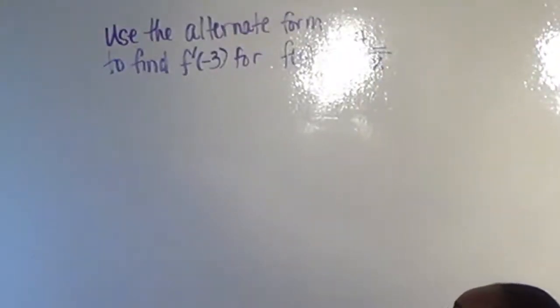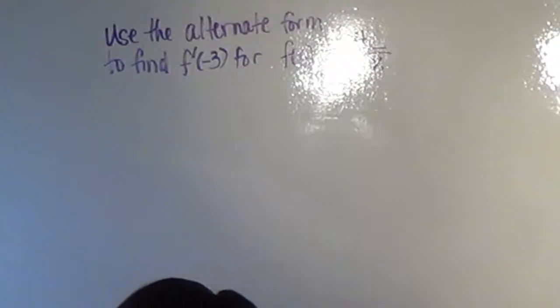So now let's look at an example with the alternate form. Here we want to use the alternate form to find f prime of negative 3 for the function f of x equals 4 over the square root of 1 minus x.